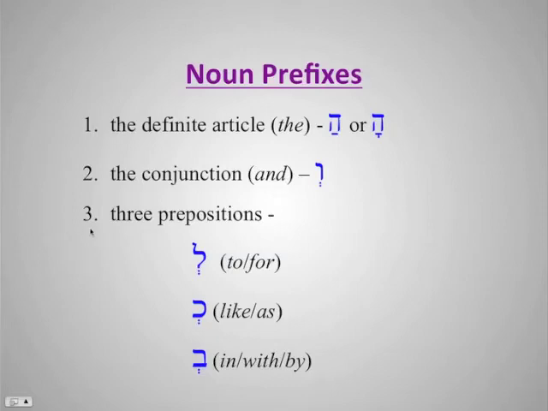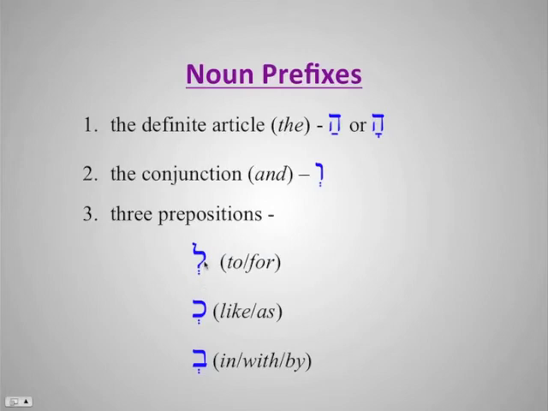And our third category of noun prefixes we get in Hebrew are what we call prefixed prepositions. So there are actually three letters in Hebrew, the lamed, the kaf, and the beit, that stand for a preposition. Each of these letters can be a prefixed letter before another word, and each of these letters actually stands for a meaning itself.